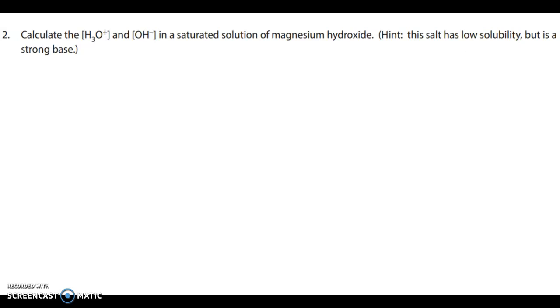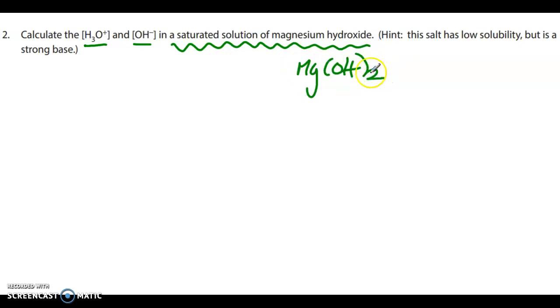Okay, so calculate the hydronium and hydroxide in a saturated solution of magnesium hydroxide. Magnesium hydroxide is in fact a strong base because it's a group 2 metal with hydroxide, but it also happens to have a Ksp value, right? The key there is the term saturated solution.